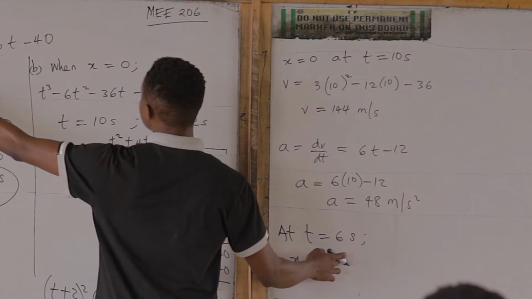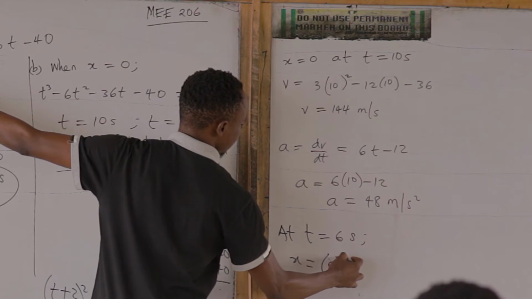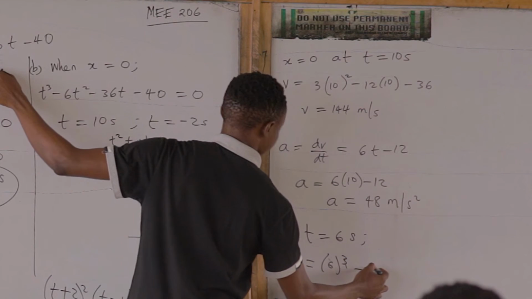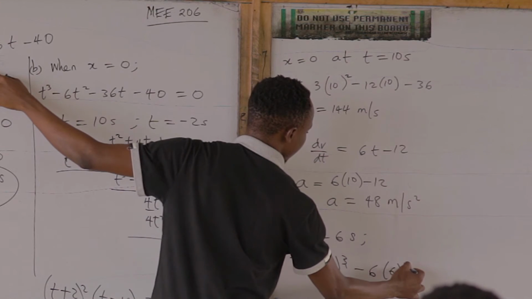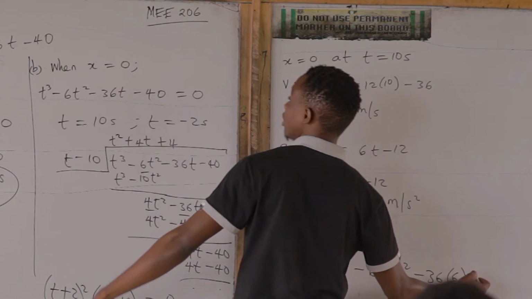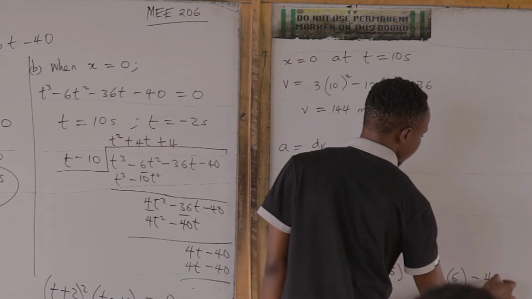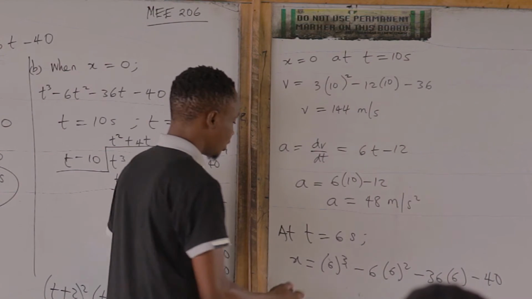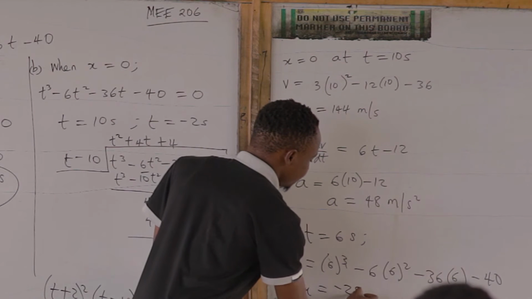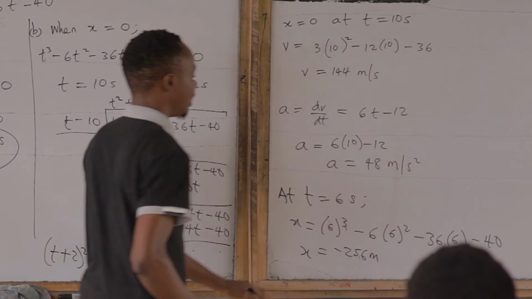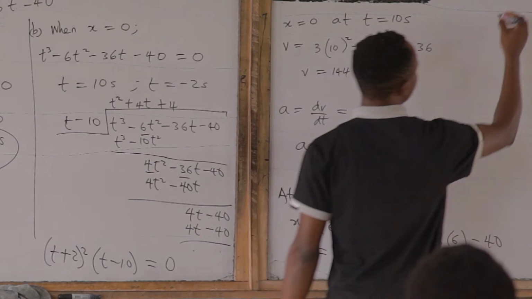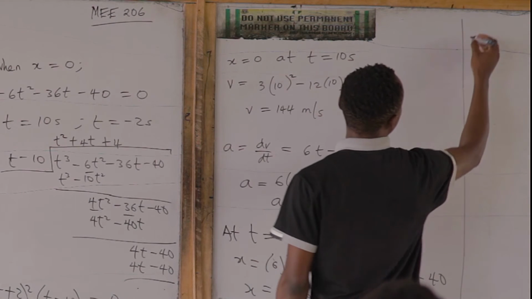So we're going to substitute here: 6 to the power 3 minus 6 into 6 to the power 2 minus 36 into 6, then minus 40. What does this give us? x equal to what? Minus 256. And then at time t equal to 0, what was the position?